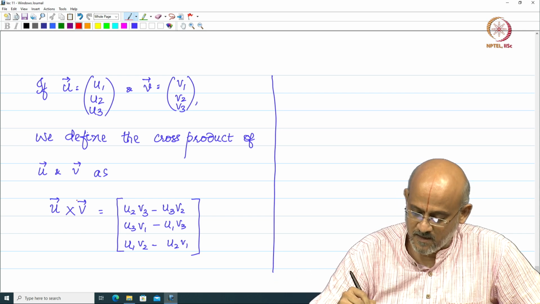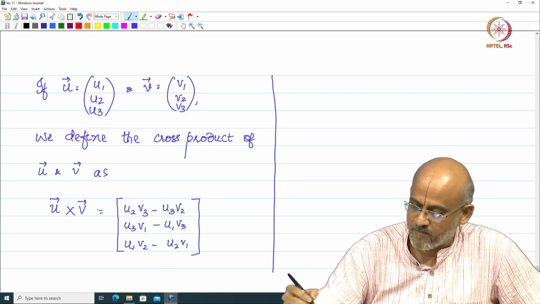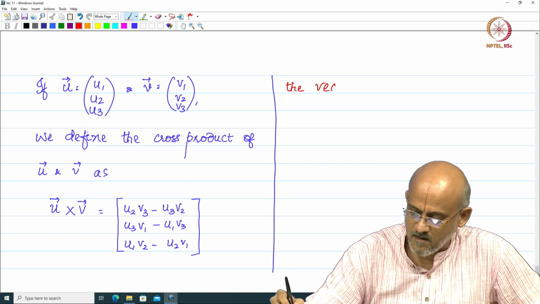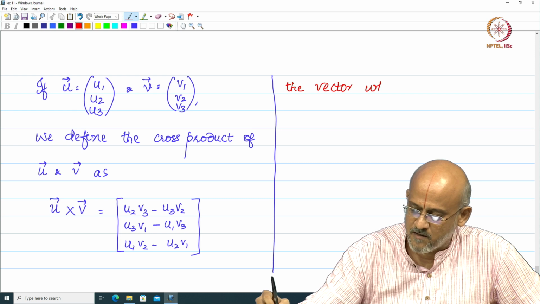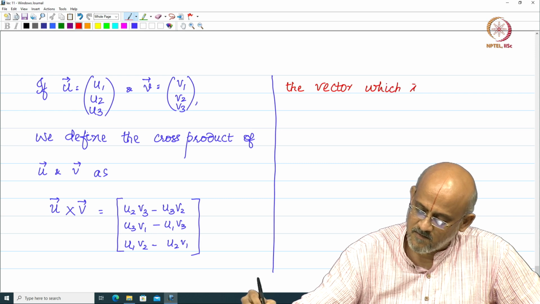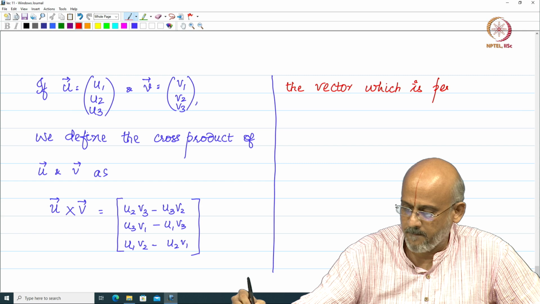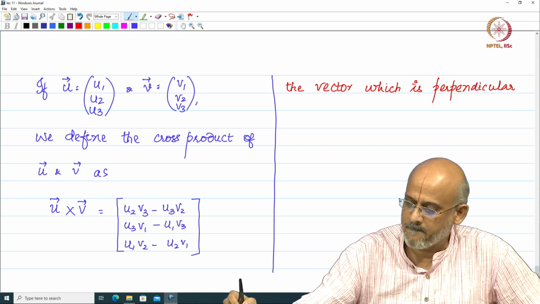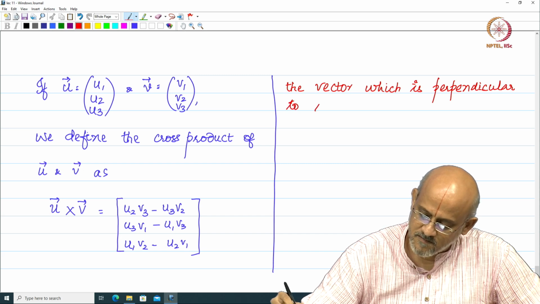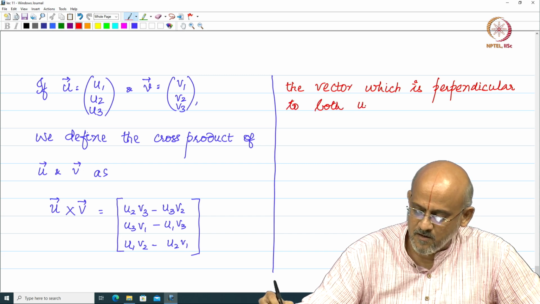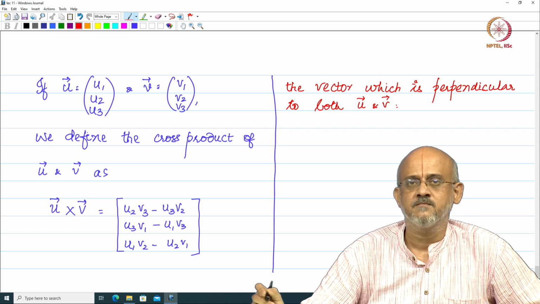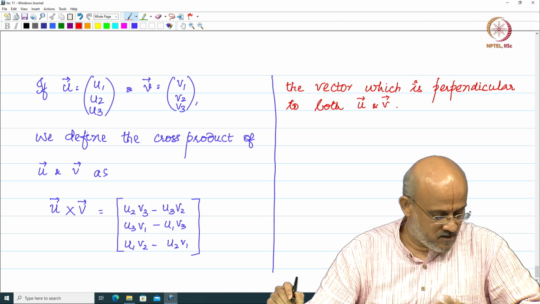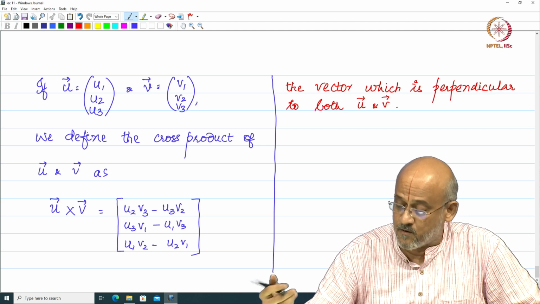So, the cross product u cross v is the vector which is perpendicular to both u and v. Is that okay? So, that is the cross product that we are going to define. Now, where do we go from here?